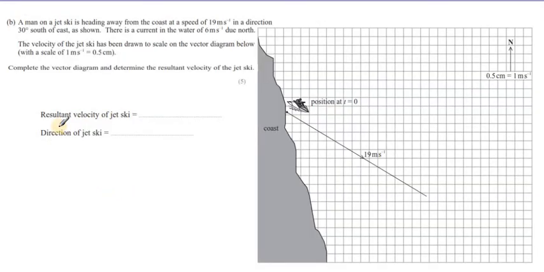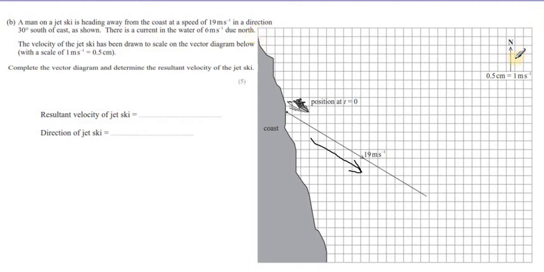A man on a jet ski is heading away from the coast at a speed of 90 meters per second in a direction 30 degrees south of east, as shown. Fine, this is the direction of the jet ski. There is a current in the water of 6 meters per second due north.